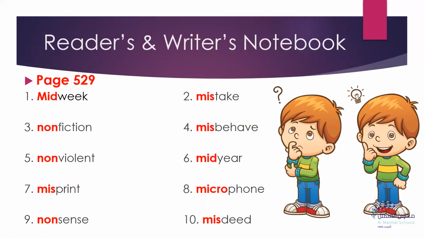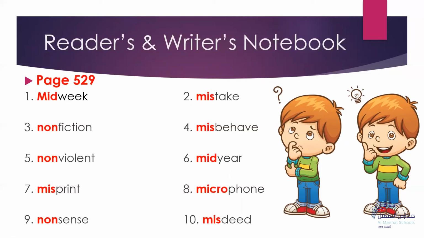They give us violent, but when something is peaceful, it is non-violent. So we have non there. We have seen non twice now, in non-fiction and non-violent. Fiction means it's not a true story, so if it's non-fiction, then it is a true story. So non meaning not.